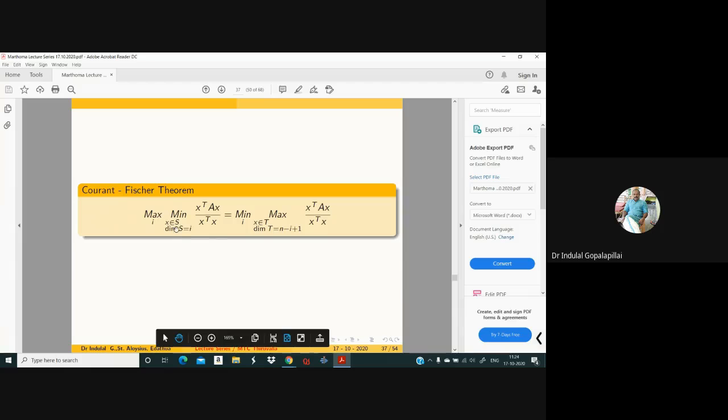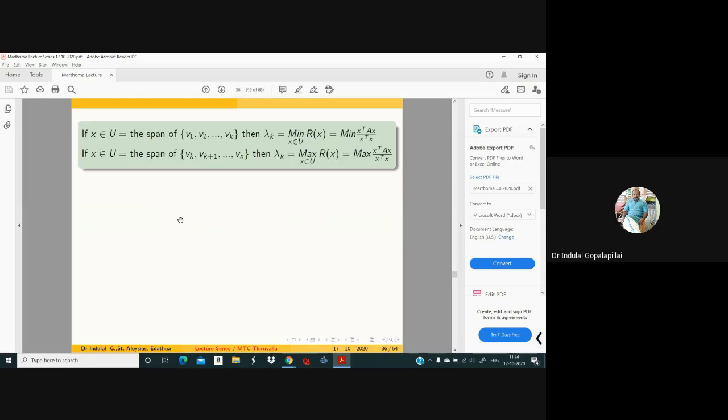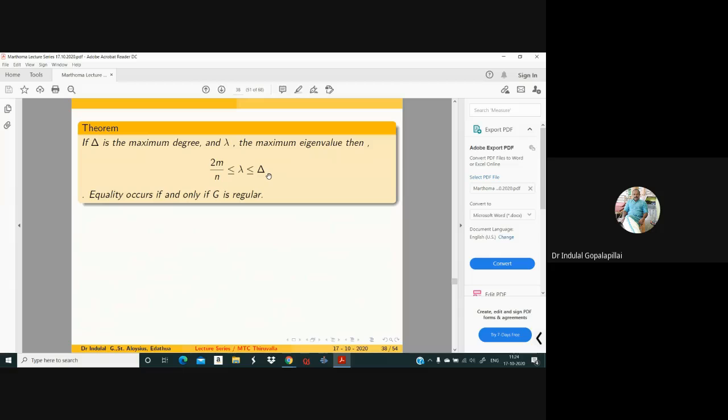Because by considering x belongs to two different spaces, we obtained that if x belongs to the span of this, lambda k is the minimum, and if x belongs to the span of this, then lambda k is the maximum. So the minimum and maximum coincide, and this is the generalization, the Courant-Fischer theorem. And this Rayleigh quotient can be applied to find the estimates of the eigenvalues.